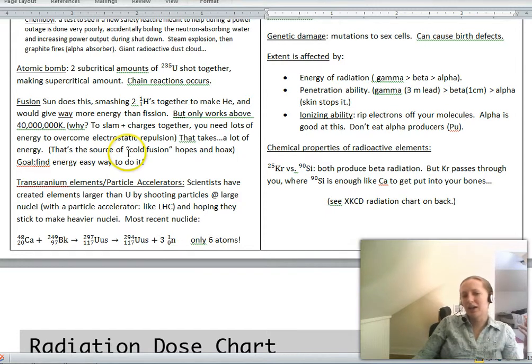So back in the 80s, there were a couple of scientists that said, hey, we got some platinum or something and put it in a jar of water, and it was amazing because we had fusion. And all of the other scientists were like, that's fascinating, let me try and reproduce your results. And they tried and tried and couldn't reproduce their results.